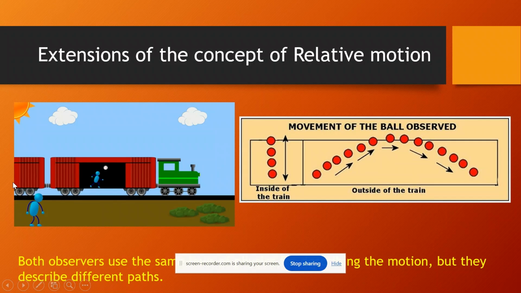However, the person on solid land will perceive the same experiment as a parabolic motion. Even if the two motions are in principle different, still both observers will agree on the physics they have to use for describing the motion, because they are separated only by inertial frames of reference. In other words, this train moves at constant speed, so it can be considered as an inertial frame of reference.